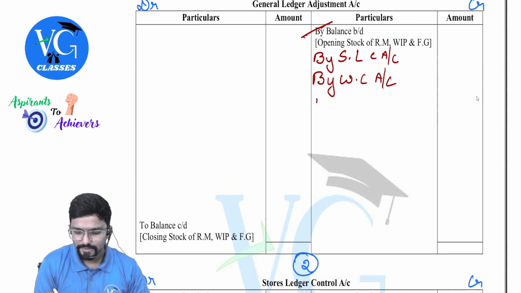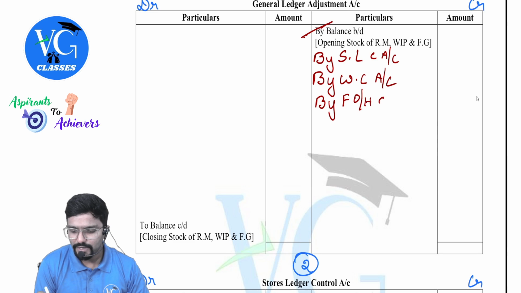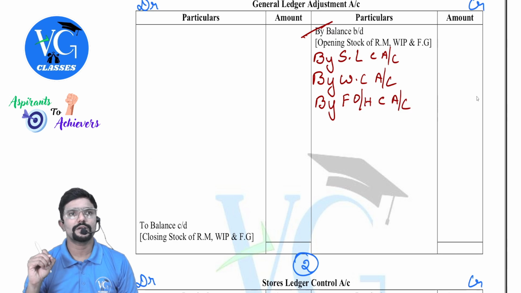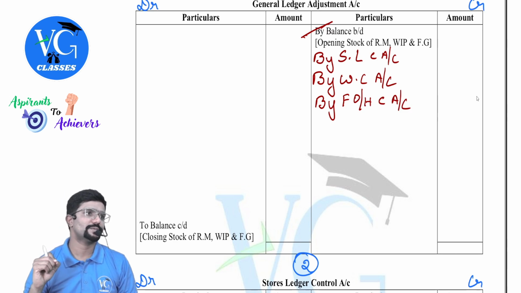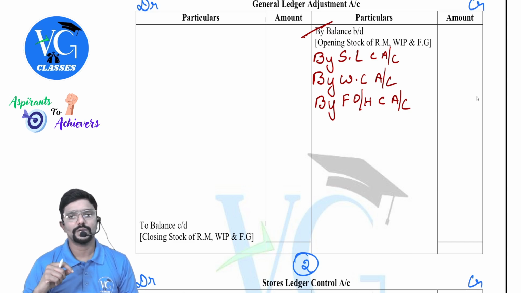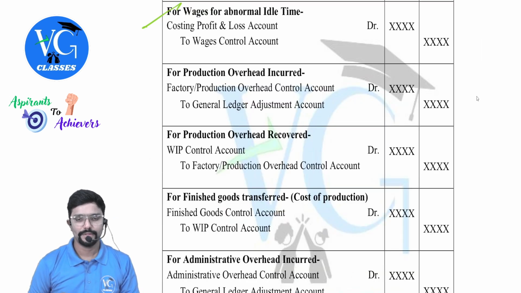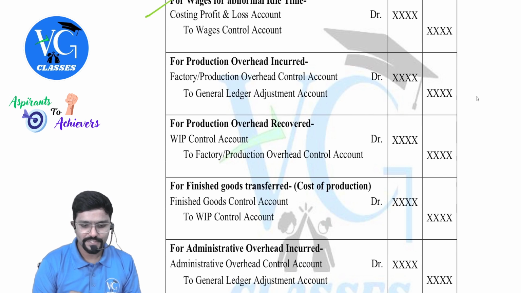By factory overhead control account. This is for factory overhead incurred. Fine, sir. We have posted this.